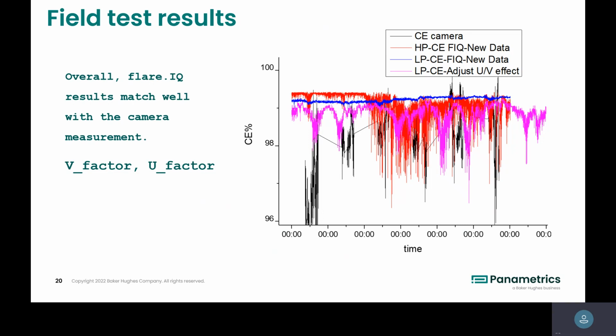Flare.IQ is close to 99.1 or 99.2-ish. So there's a huge difference between 98 versus 99, right? That's a 50% difference. It's not 1%, it's a 50% difference in terms of emission reporting. That's why you want to monitor live instead of using a designed or fixed number, same as with emission factors, in a very similar fashion.